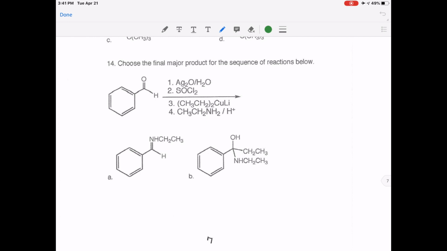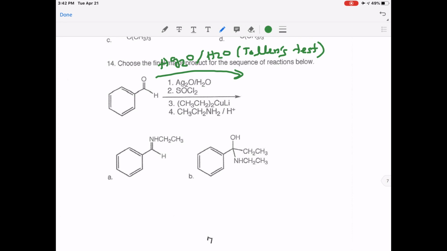And so if we go ahead with this, for the first reaction, when we add silver oxide and water, this reaction is actually used in an experimental procedure known as the Tollens test, which is used to determine the presence of aldehyde compounds in a certain solution.